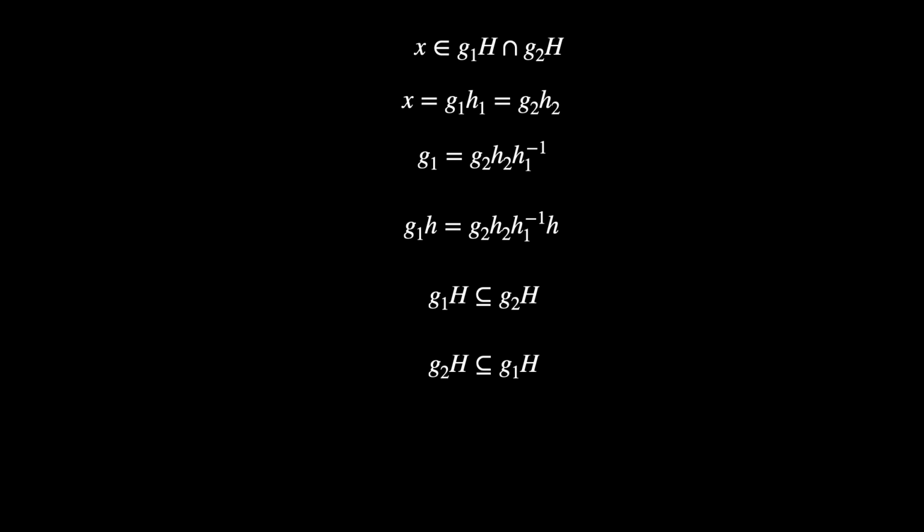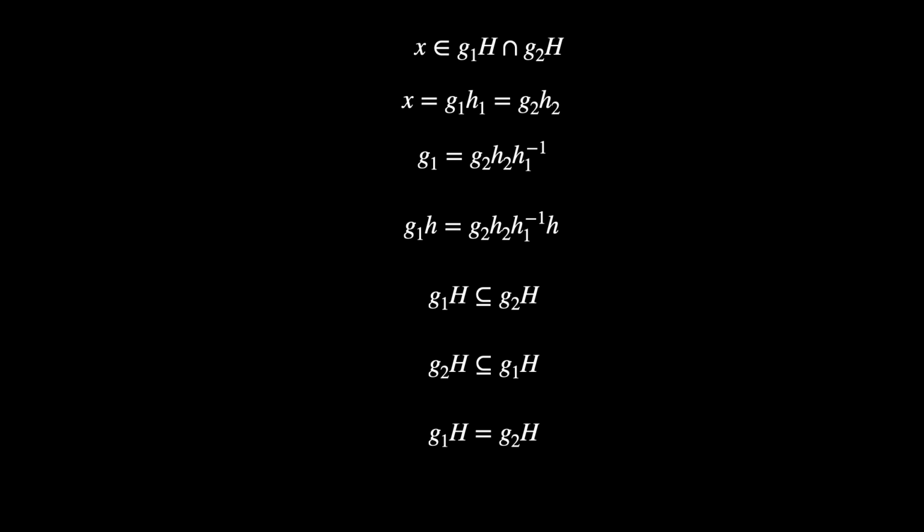And then this leads us to the conclusion that G1H is actually equal to G2H, which means that if these two cosets have an intersection, then they must be the same, and if they're not the same, then they must be disjoint.